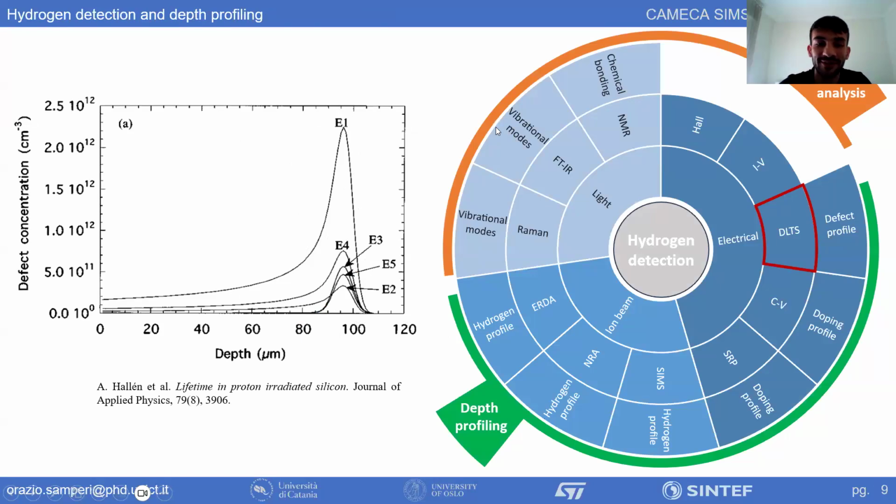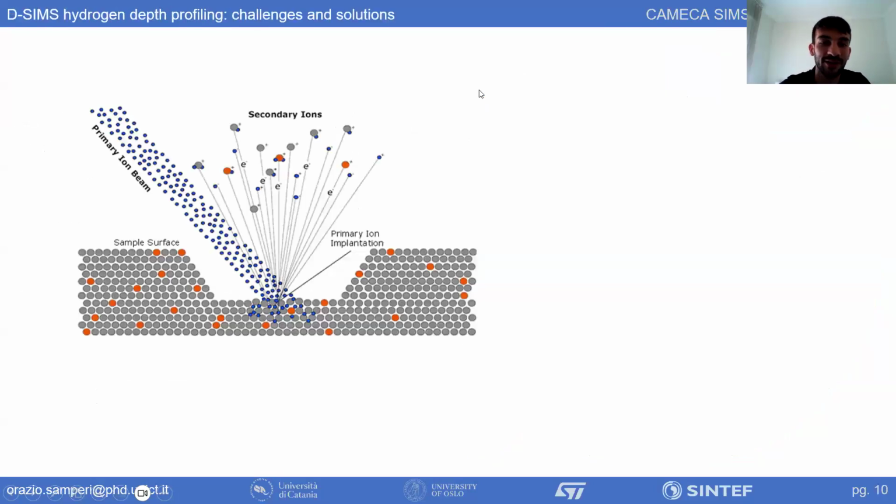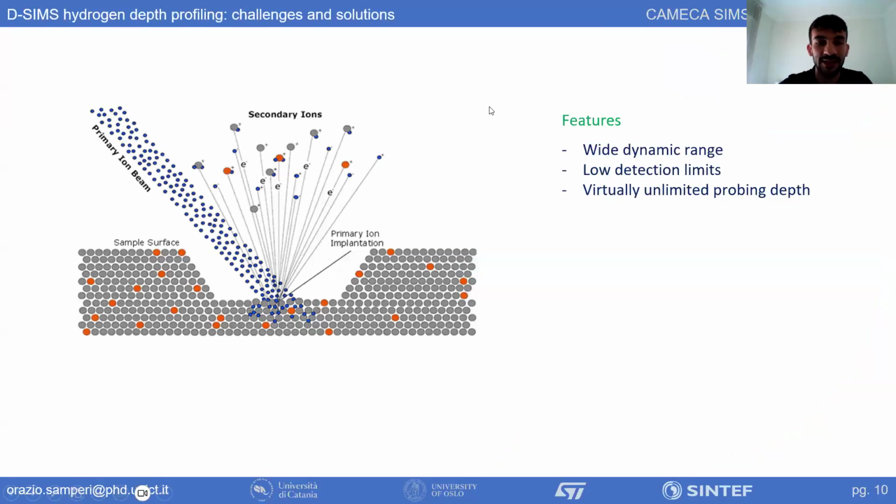But we have not yet said anything about the SIMS. What about the SIMS? The SIMS, of course, stands out as the most powerful technique among the ones I showed you. But you know it, of course, because with SIMS you have a really wide dynamic range.